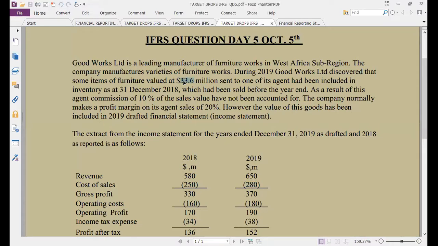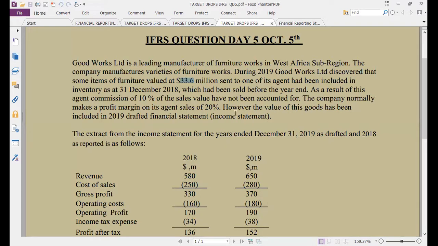Just that here, the first error leads to another error, like a collision. So let's see the next one. They said, as a result of this, agent commission of 10% of the sales value has not been accounted for.